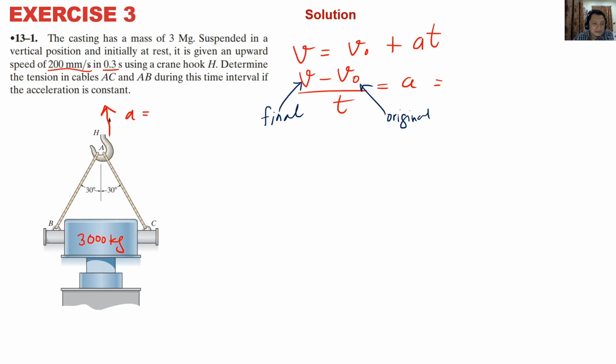Final velocity is 200 mm per second. How many meters per second? Easy, 0.2 meter per second. Original velocity is at rest, so 0. Time 0.3. So this is the acceleration: 0.2 divided by 0.3.